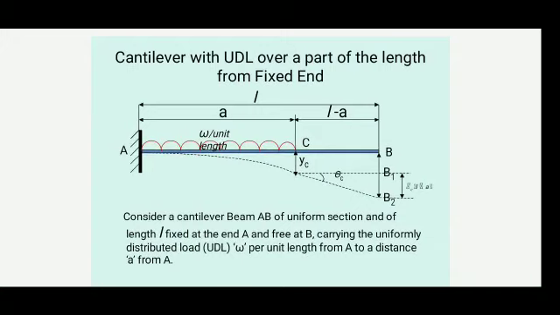B point is the free end. The length of the beam is L, as shown in the diagram. W is the load per unit length, and the loaded length is given, that is a.